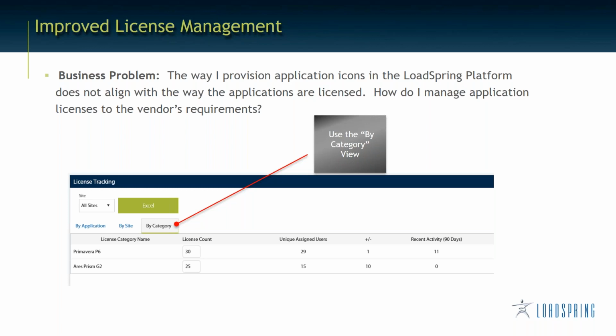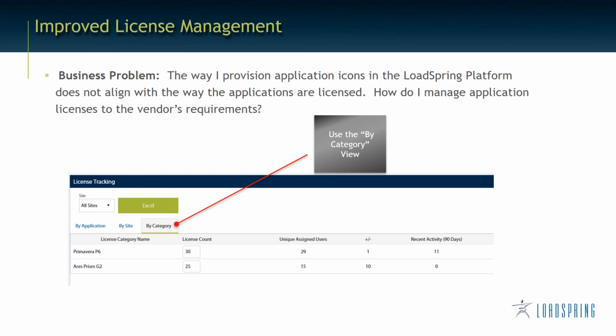You may also have one for a team member if your organization uses that, which is another application within P6. However, all 3 of those applications actually only consume 1 license of P6. So we've added a new category capability so that you can manage your licenses just like the vendor requires you to manage them.